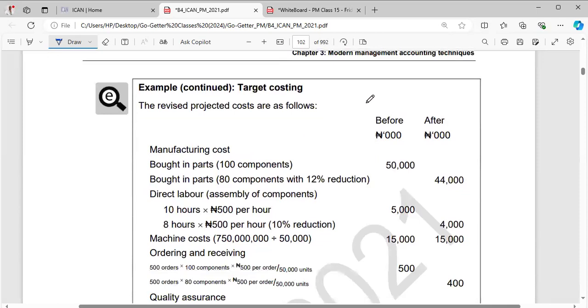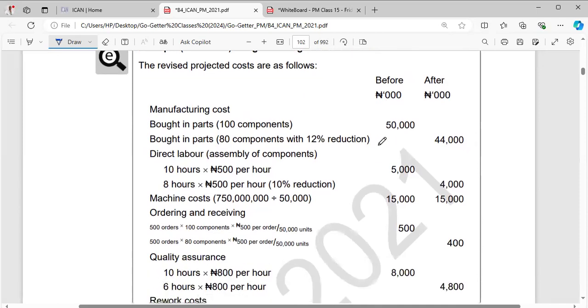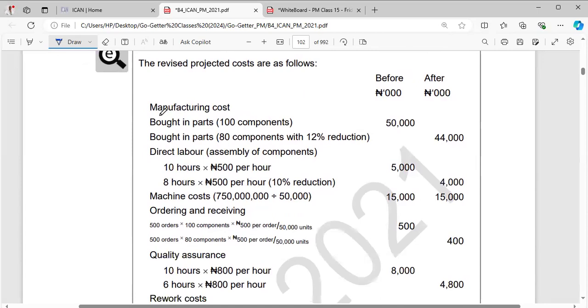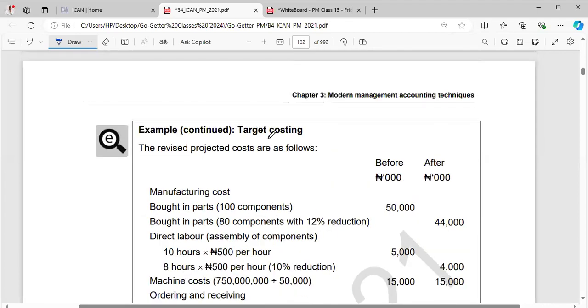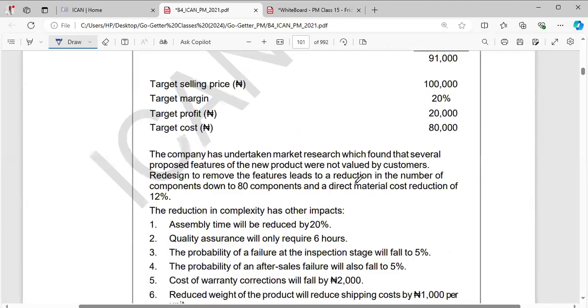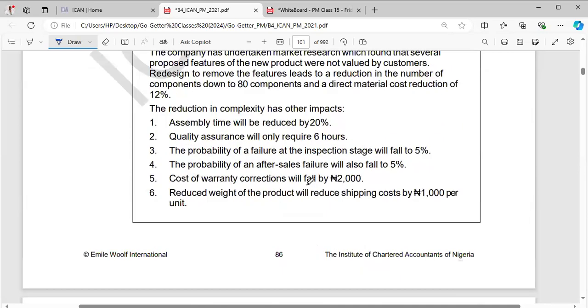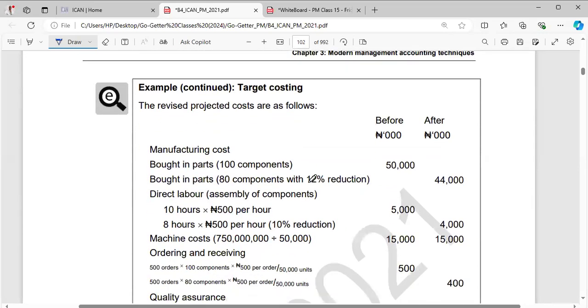The revised cost, we have the before, which is what we saw before, and the after. Now in the manufacturing cost, the bought-in part was 100 components, and we got 5,000, right? Now the bought-in part is 80 components, with a 12% reduction in direct material cost. So what do they mean here?